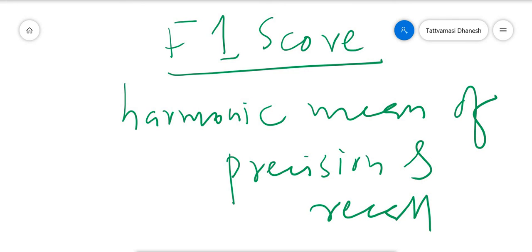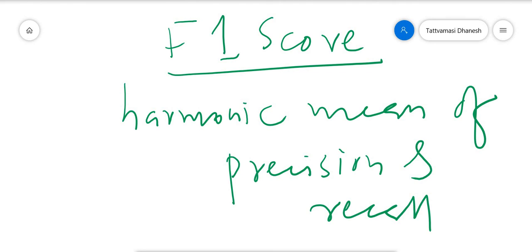So why are we coming up with the F1 score? Because as precision increases, recall decreases. What is the optimum value? What is the trade-off between precision and recall? For that we come up with the F1 score, the harmonic mean of precision and recall.